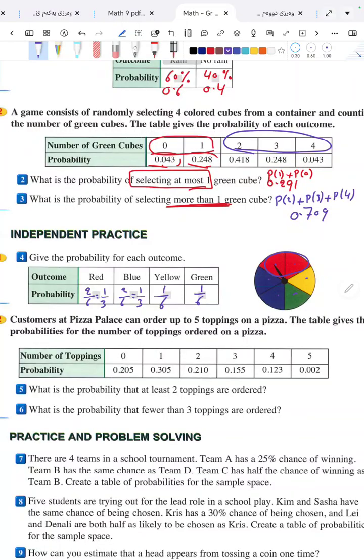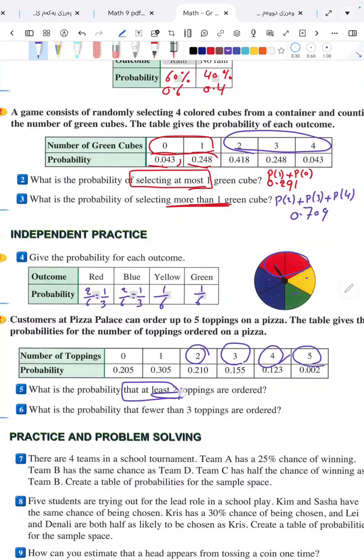Okay? Then question 5, they ask for what? What is the probability that at least 2 toppings are ordered? For question 5, you have to say at least. At least what? At least 2. So what's the meaning of at least 2? The number and more. So we will say probability 2 plus probability 3 plus probability 4 plus probability 5.